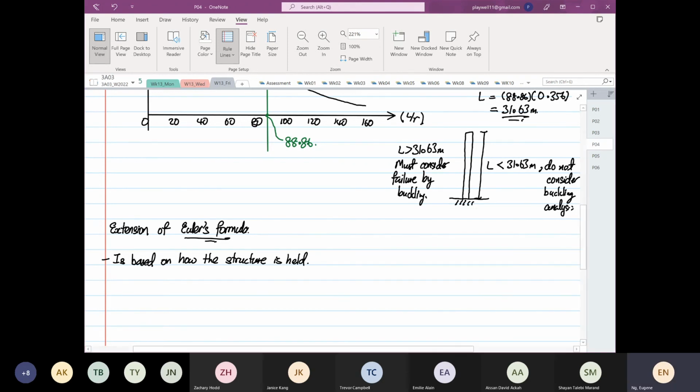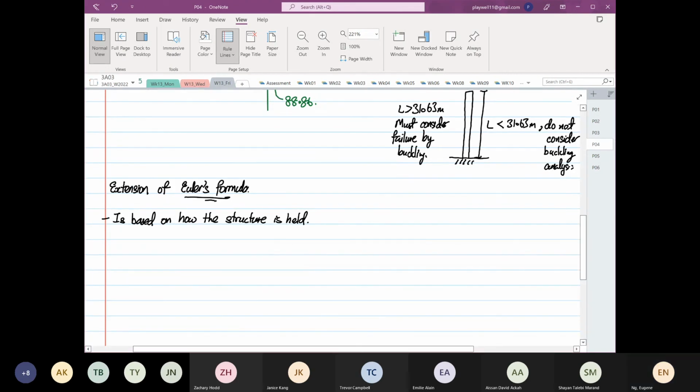When I say how the structure is held, is it both ends pinned? Is it one end free, one end pinned, or is it built in and pinned, and so on and so forth? And there's a logic behind it. So condition number one.